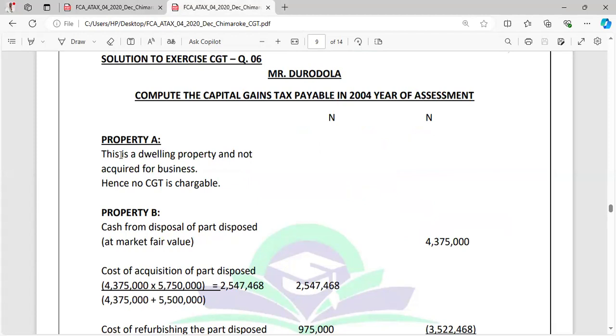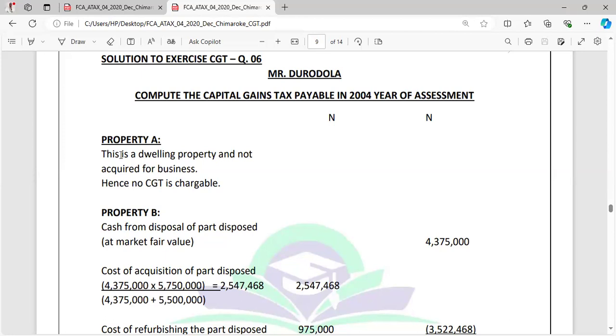That is simple. So do not just say you are going to ignore property A. You are going to make this kind of comment in property A, and that solves property A. For property B, cash received from disposal of part of the asset is going to be at market value.